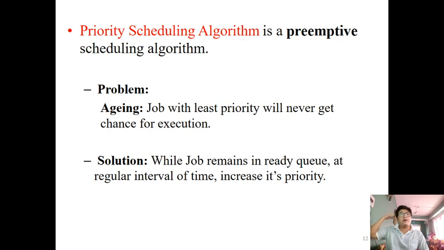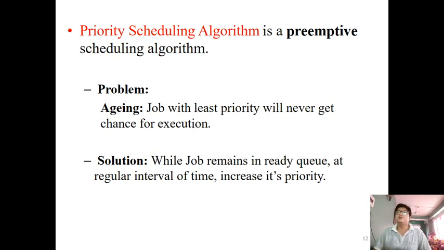So what could be the solution for this kind of problem? The solution is increasing the priority as time progresses, because the CPU is busy executing other tasks, and the process with the minimum priority should gain priority. At time t equal to 0, suppose the priority was x.